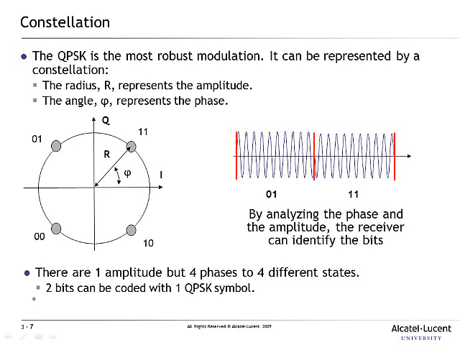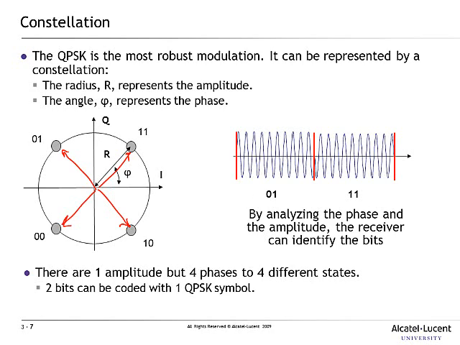So for example, we have a symbol there which corresponds to phase 0, 0, and we have another symbol, a third symbol, and a fourth symbol. Essentially, you are still transmitting a sinusoidal carrier of fixed amplitude and fixed frequency, but the phase of that carrier keeps changing according to the user bits.